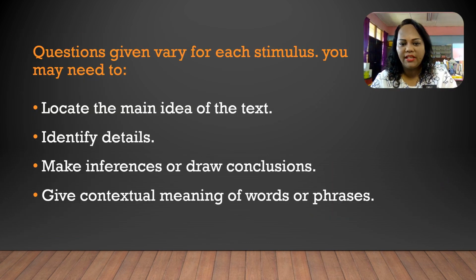Now, the questions given vary for each stimulus. You may need to locate the main idea of the text, identify details, make inferences or draw conclusions, or give contextual meaning of words or phrases. So you need to be careful when you read. Read the whole question carefully and then answer the question.